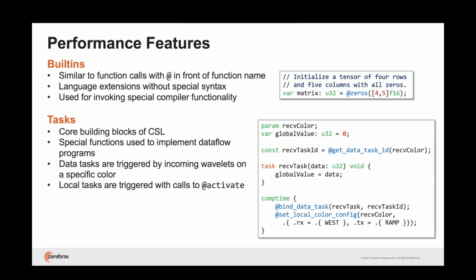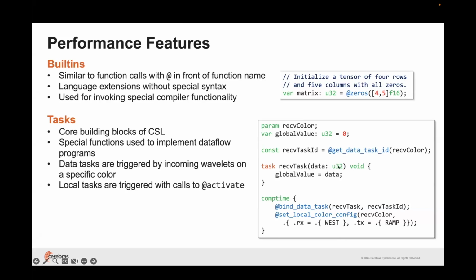You also have data tasks, or wavelet-triggered tasks, which are tasks whose action is triggered by incoming data wavelets. I have a little bitty code example here, and I'm going to expand on it in a couple slides. Here we have a task named recv_task, which is expecting as an argument an unsigned 32-bit integer.